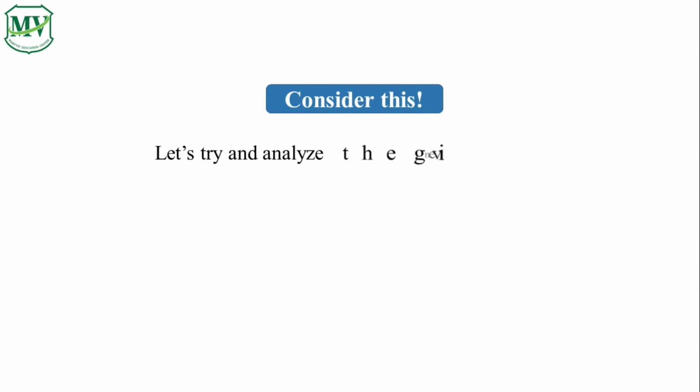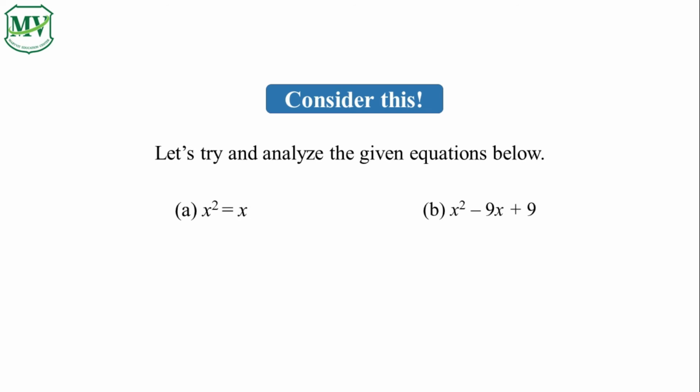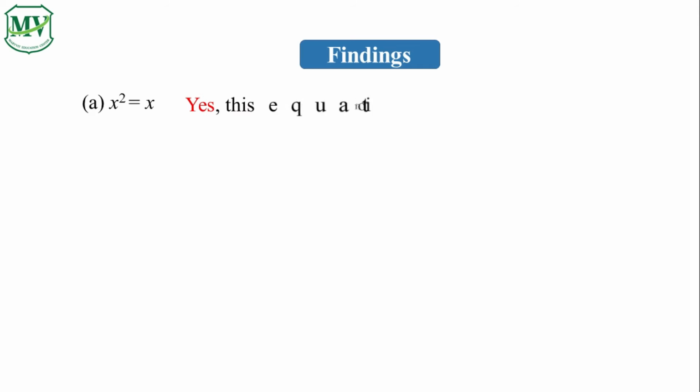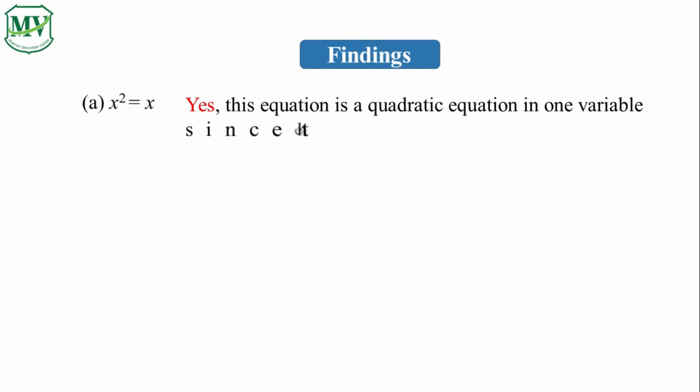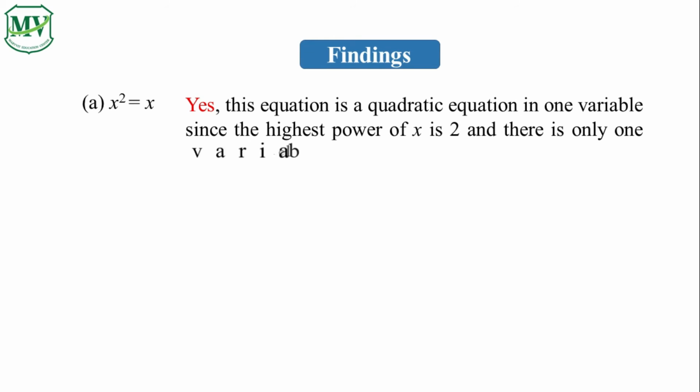Consider the following. Let us try and analyze the given equations below. Here is letter A. This equation is a quadratic equation in one variable since the highest power of x is 2 and there is only one variable.